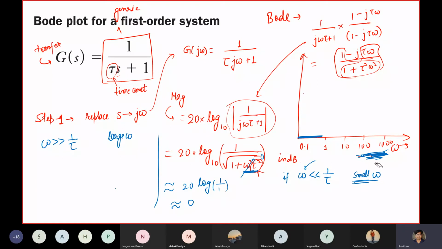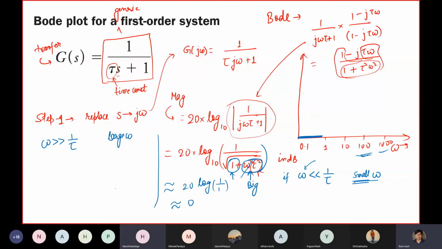So when I take that, this guy sitting over here is no more 0, rather it is a big number. What I am doing is omega square tau square would be much larger than this guy sitting over here.